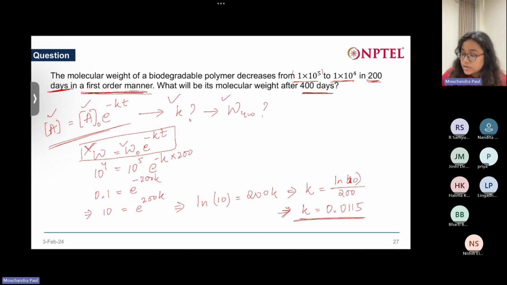We now know the rate constant, and we are given the time as well. So it's pretty straightforward then. W will become W naught, that was 10 to the power 5, times e raised to the power minus K, where K was 0.0115 and T was 400.